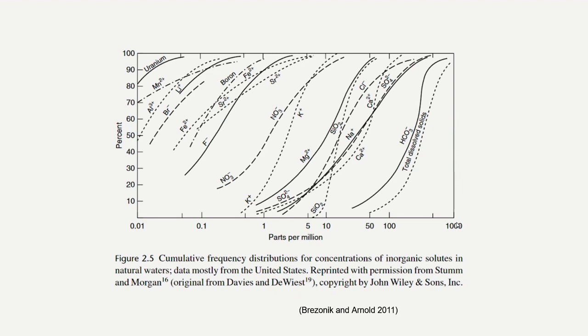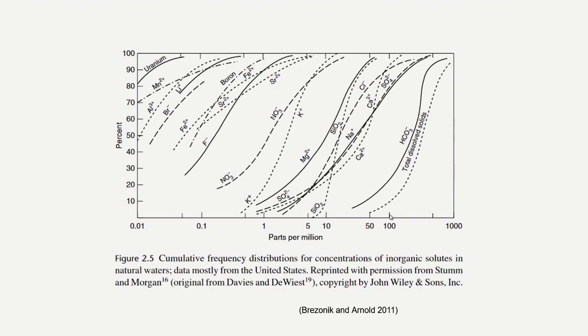And on the y-axis, you have the percent of surface waters that have less than a given amount of solute, as indicated on the x-axis. So you can read this graph by saying, like, what percent of waters have less bicarbonate in them than 100 parts per million? So you come to bicarbonate here, HCO3 minus.